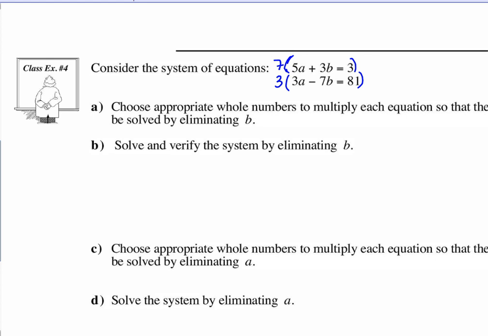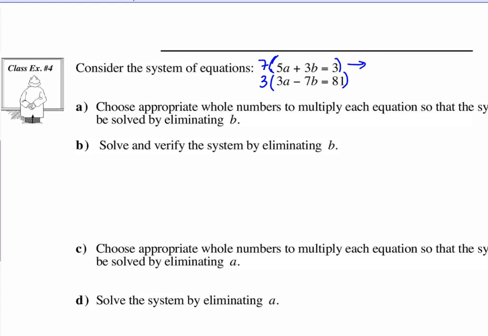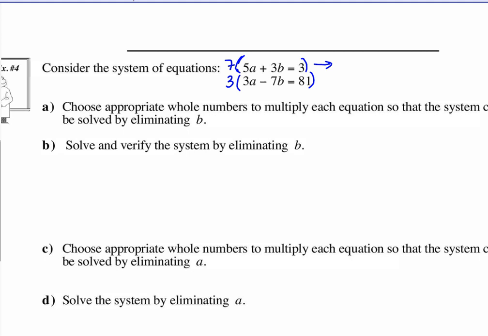Right? So, what is this equation going to become if I multiply the first by 7? 35a plus 21b equals 21. Don't forget the constant. It's the biggest mistake.